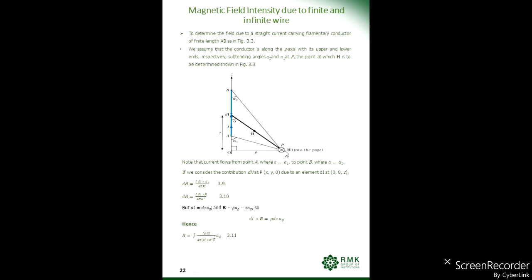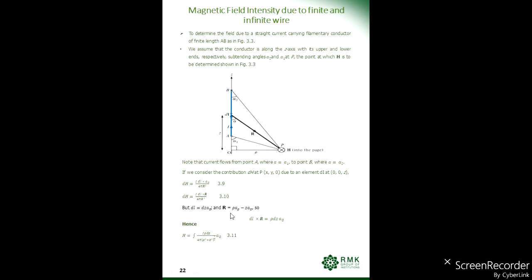Now, in order to calculate the differential magnetic field, we substitute this value of dl and r in the above equation, and we get the form in equation 3.11, where H equals the integral over the line of I dl cross r bar, and so on. Before substituting, we calculate dl cross r bar.